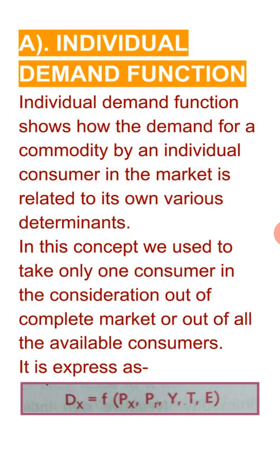Individual demand function shows how demand for a commodity by an individual consumer in the market is related to its own various determinants. That means demand by a consumer and its determining factors.